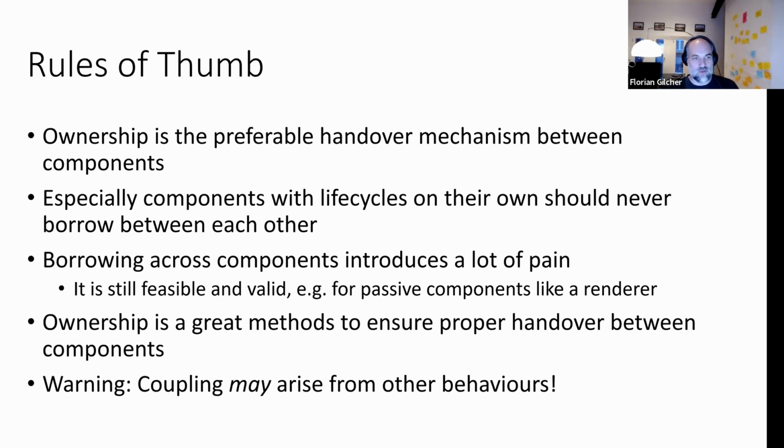It is not working through borrowing. It particularly bans borrowing. Especially when we're talking about components that might run in parallel with life cycles on their own, they should never borrow between each other because the borrowing rules are static. Something that has a life on its own at runtime is really hard to be described with a static rule set.